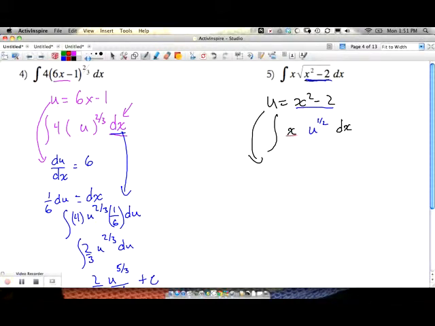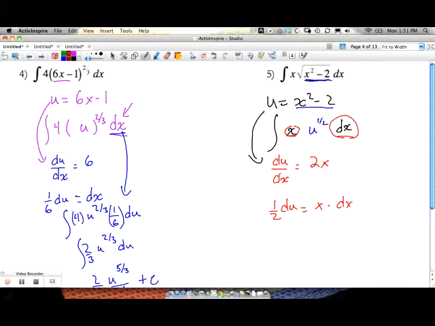So you got to take the derivative and figure out what that x and that dx would simplify to. We know that du dx would become just 2x. But I want it to just be an x and a dx. So I have to divide both sides by 2, or multiply this other side by 1/2. And then I got the du. So 1/2 du equals x dx.